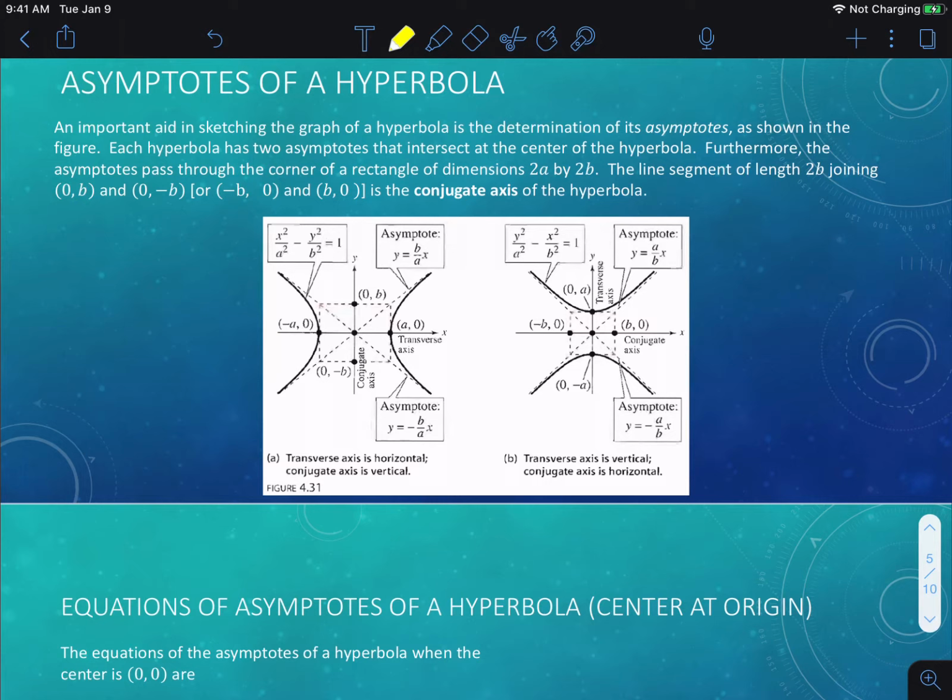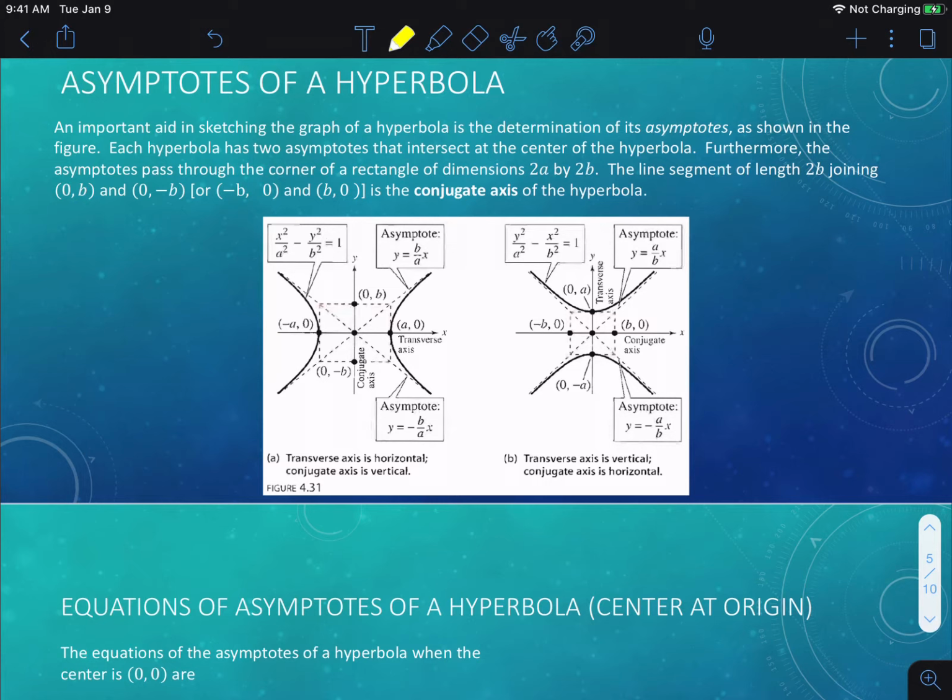You're going to find that we're going to be caring a lot about these things called asymptotes of the hyperbola. An important aid in sketching the graph of a hyperbola is the determination of the hyperbola's asymptotes, as shown in the figure. Each hyperbola has two asymptotes that intersect at the center of the hyperbola.